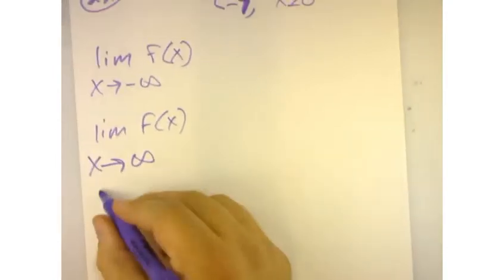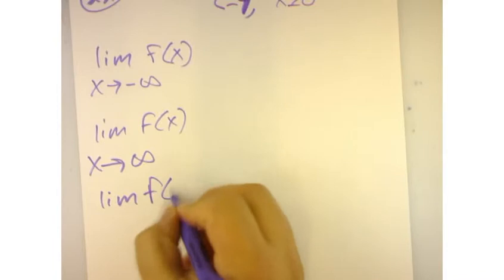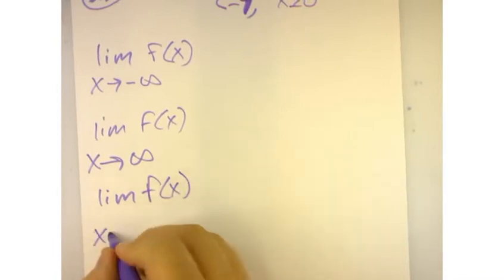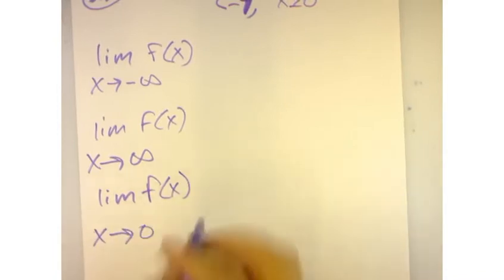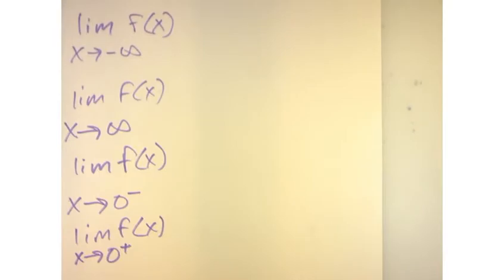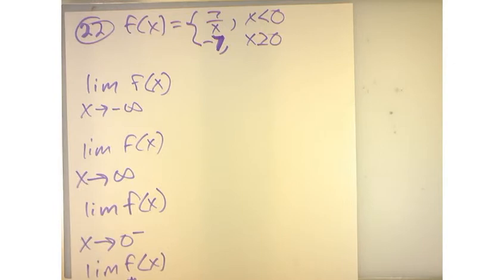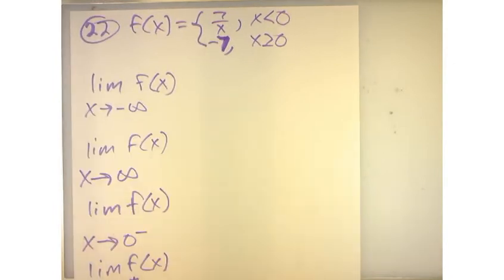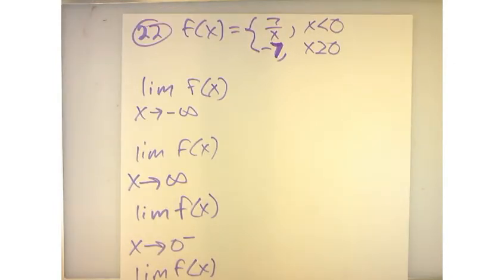It looks like they want us to take the limit of f of x as x approaches 0 from the negative side, and then the limit of f of x as x approaches 0 from the positive side. Okay? So we got to do all these. Now, the positive and negative infinity, we're going to have to plug in two separate numbers. So here's the thing. Where does it change at 0, right?